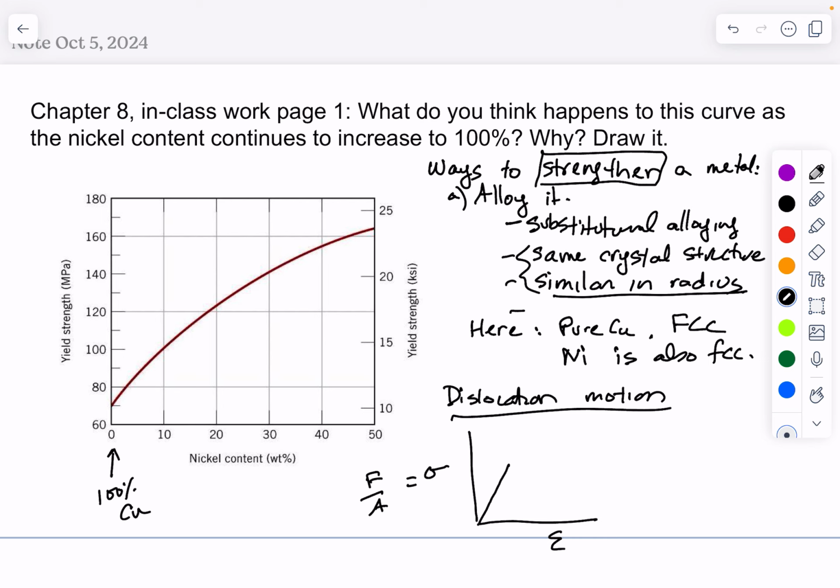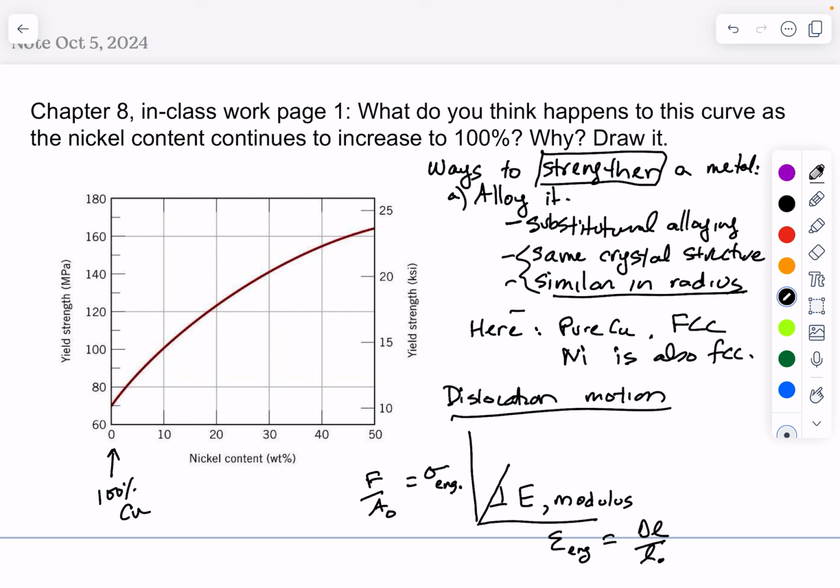If it's relative to the initial area, we call that engineering stress, and that's mostly what we're always going to be talking about. Engineering strain is just the change in length relative to the part's initial length. And the slope of this straight line is called capital E, the modulus, sometimes called the elastic modulus, often just called the modulus.